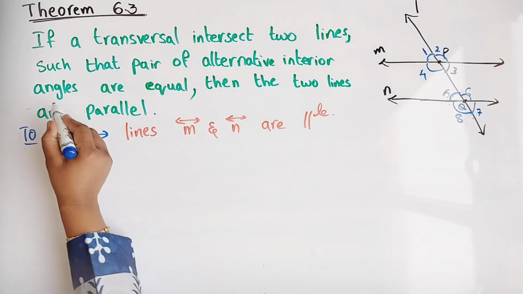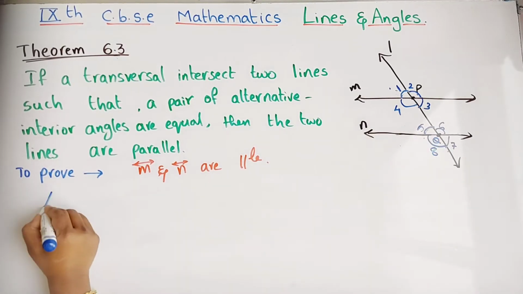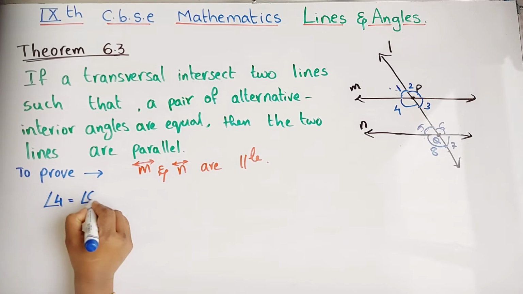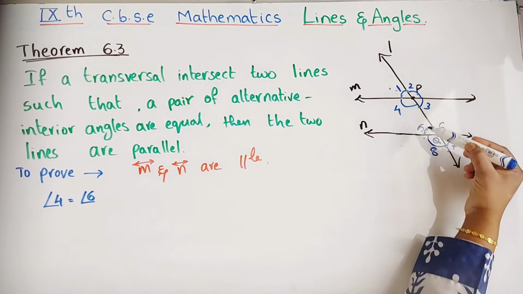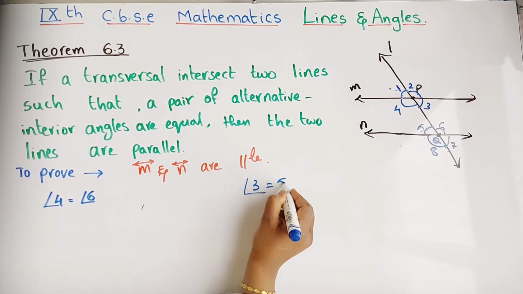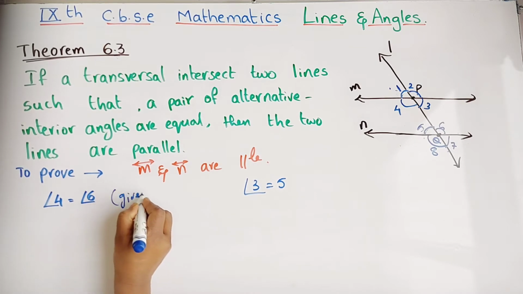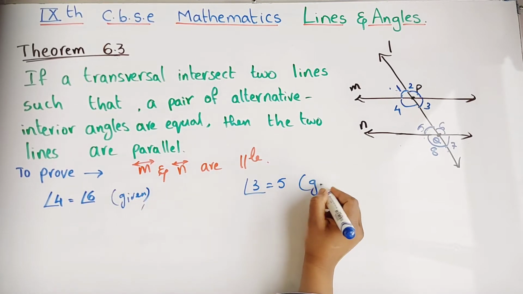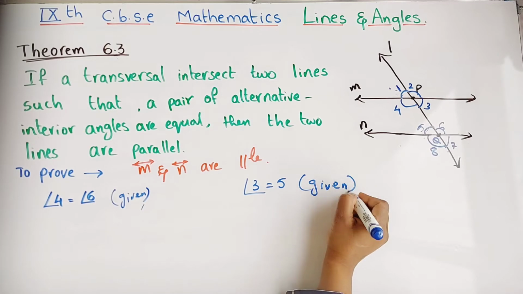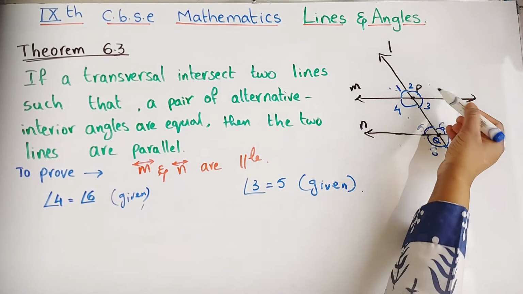They have given a pair of alternate interior angles. So I can write angle 4 equal to angle 6, angle 3 equal to angle 5, children. Right, angle 4 equal to angle 6, angle 3 equal to angle 5. This is given. But we know that angle 4 equal to angle 2.